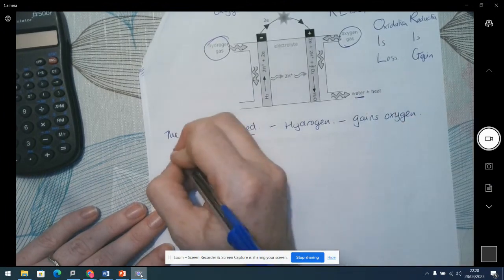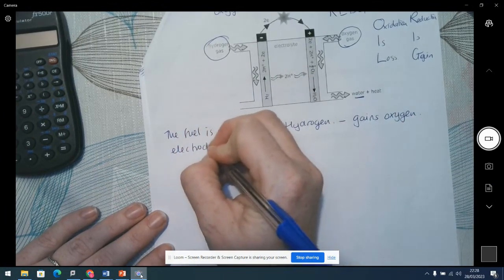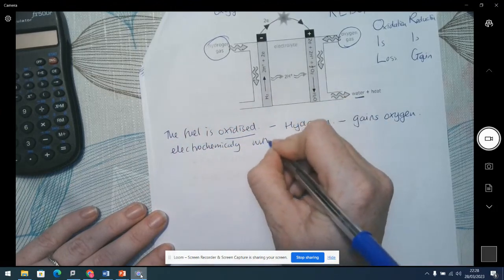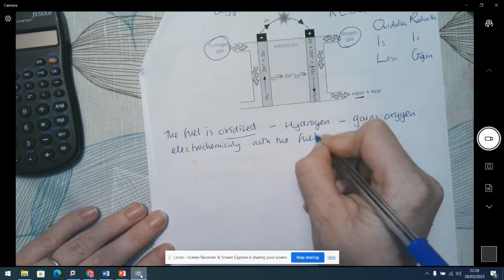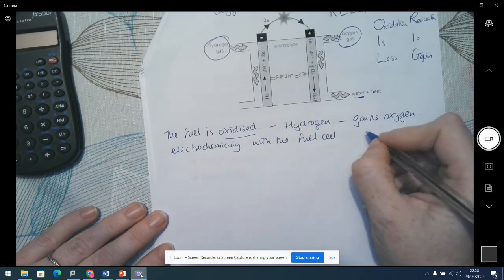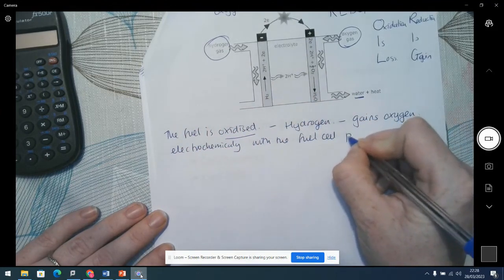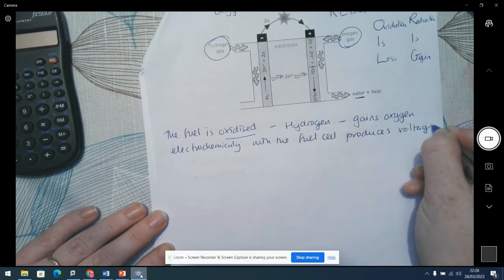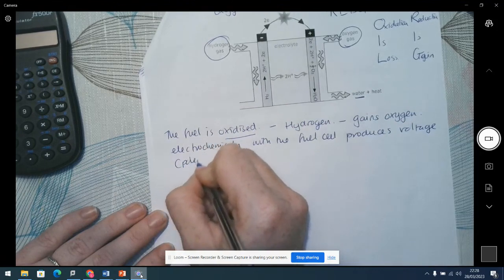And it does that electrochemically, a reaction within the fuel cell that actually produces voltage, or, as you know it from physics, potential difference.